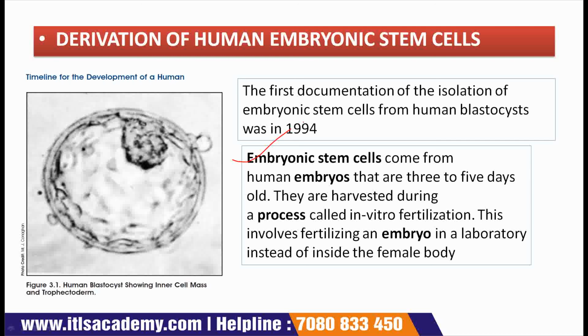Embryonic stem cells come from human embryos that are 3 to 5 days old. They are harvested during a process called in vitro fertilization. This involves fertilizing an embryo in a laboratory instead of inside the female body.